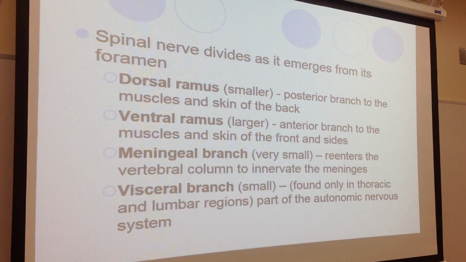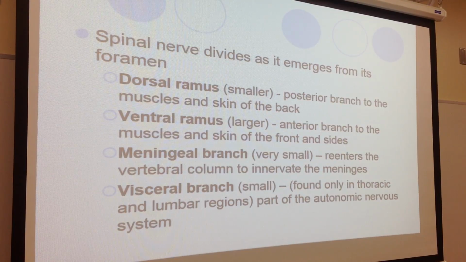Now, spinal nerves as they emerge will divide into what are called rami. And every single one of them has at least 3 of these. Now, there is a dorsal ramus. Dorsal means what? Toward the back. That's where it's headed.